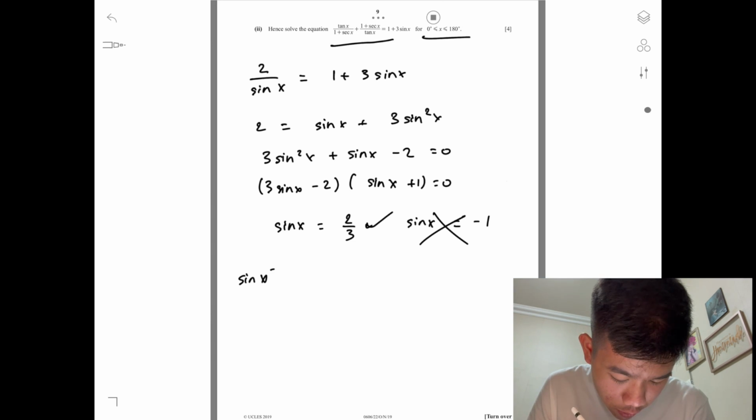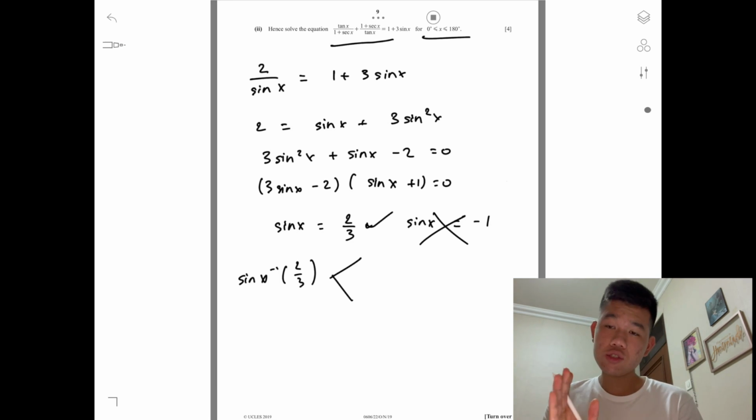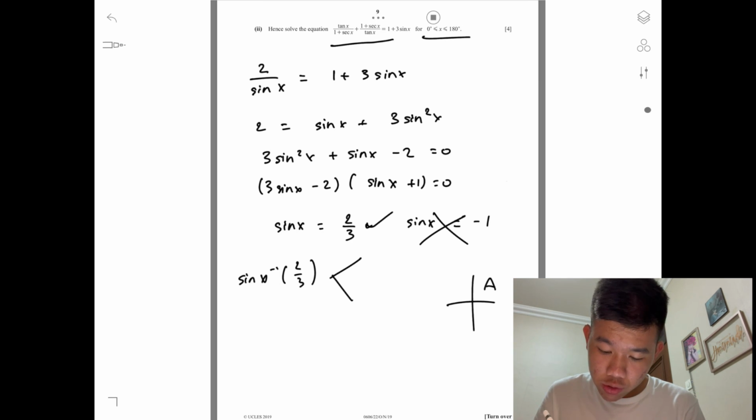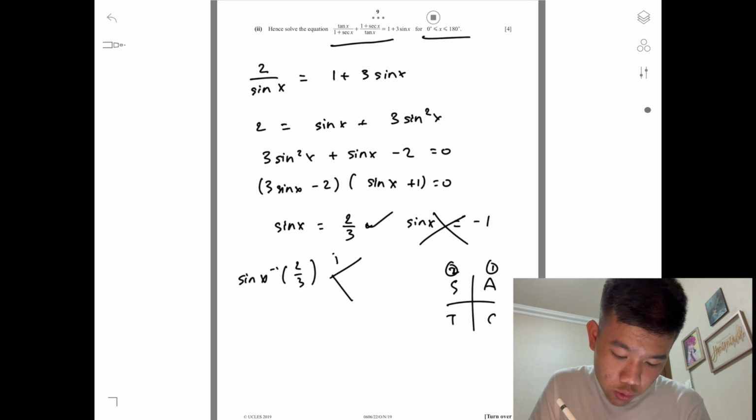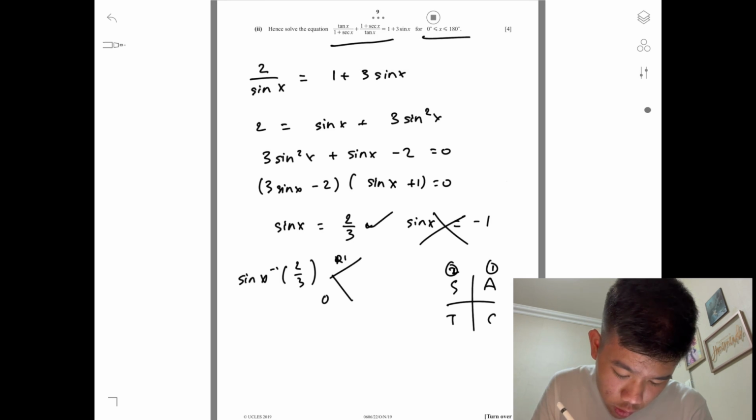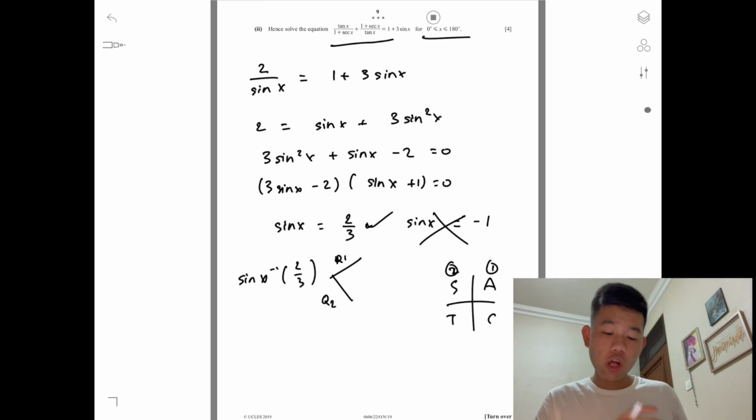Sine inverse of 2 over 3. This will give us two answers. Since this is sine, according to ASTC, sine is in the second quadrant and in the first quadrant. So this will be in quadrant 1 and quadrant 2. Let's use our calculator.